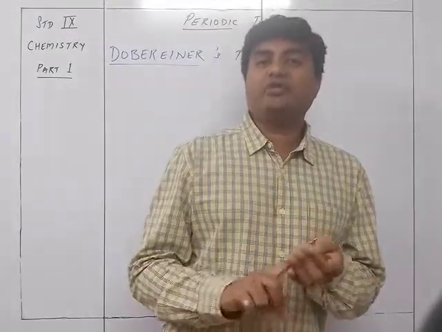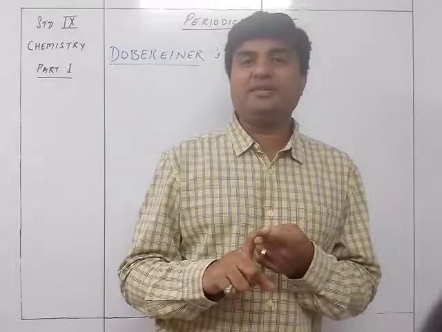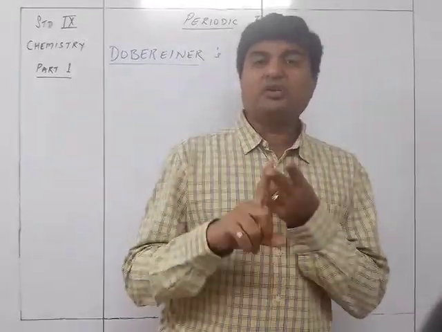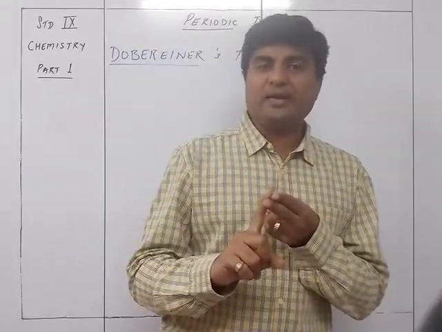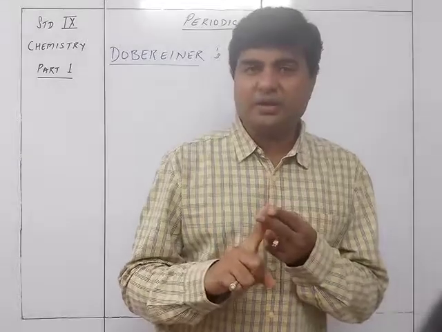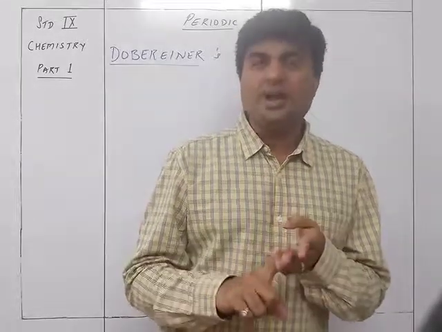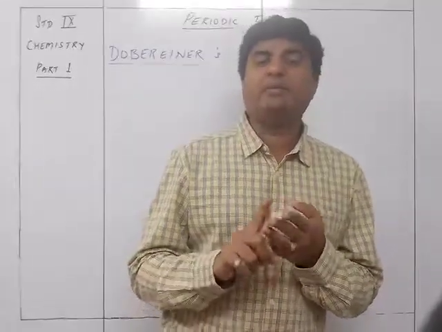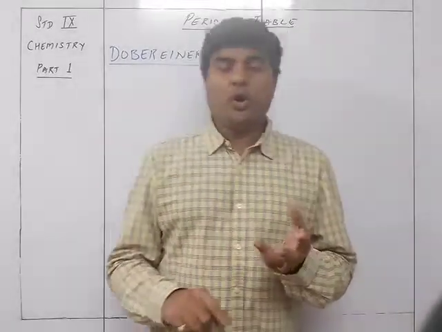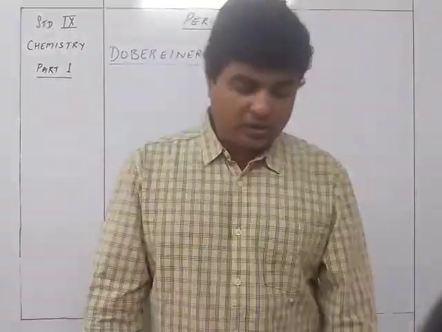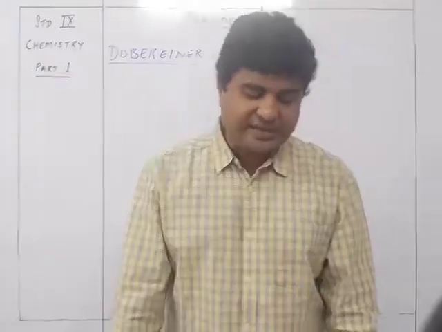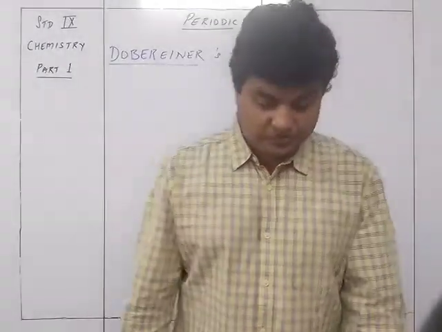In each case we will be studying what their periodicity was based on. We will also see the disadvantages, or limitations, of that particular thing and why it failed. The drawbacks, and why that particular thing failed, is what we are going to learn in each and every part. So first thing is Dobereiner's Triads.